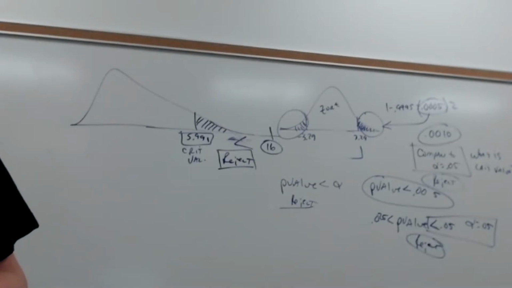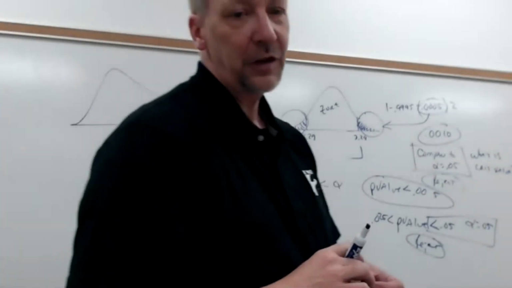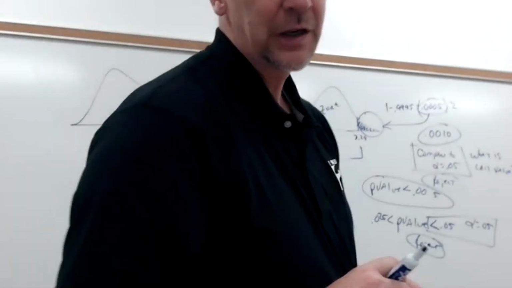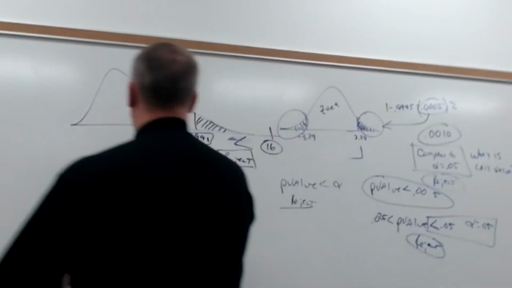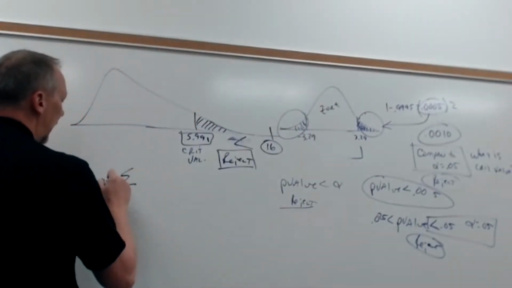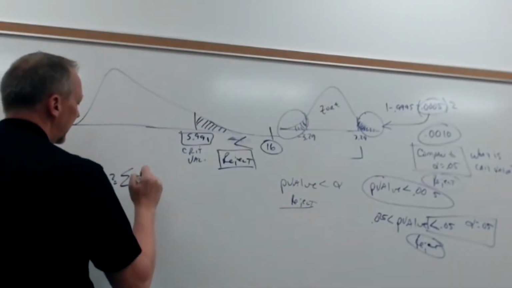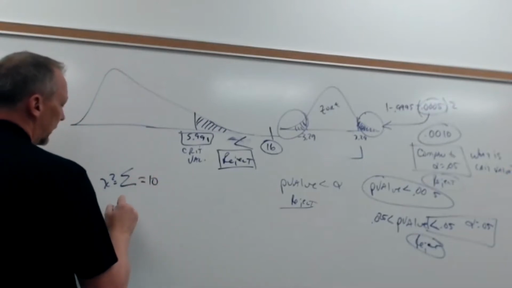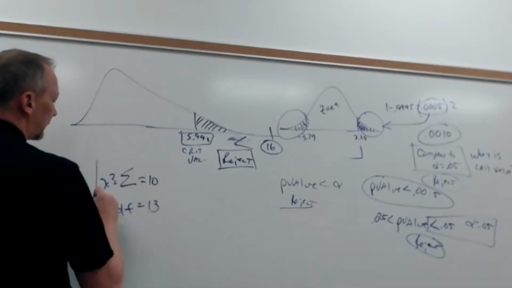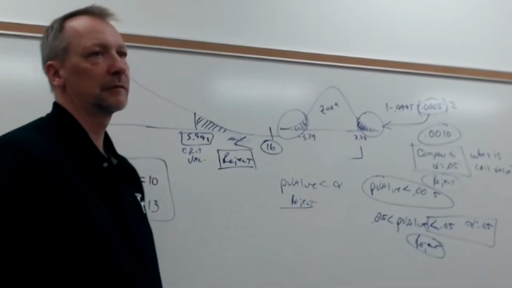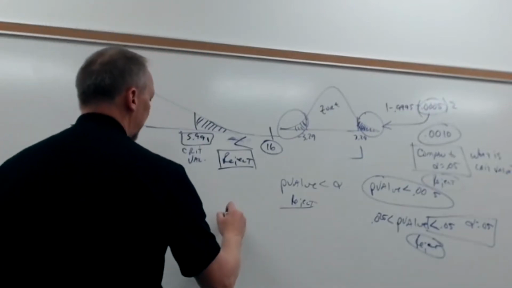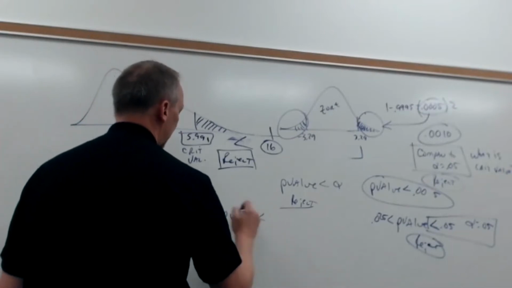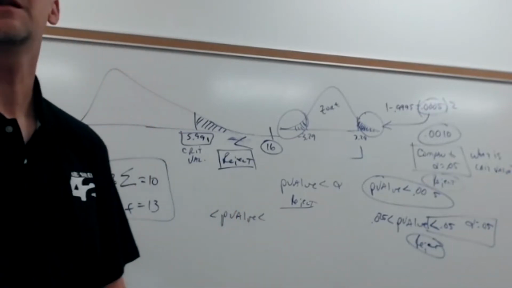Should we do one more, just to make sure you can find your p-value? Let's find the p-value. The chi-squared sum equals 10, and I have degrees of freedom equal to 13. Find your p-value with the chart. It's going to be in between 2 numbers.